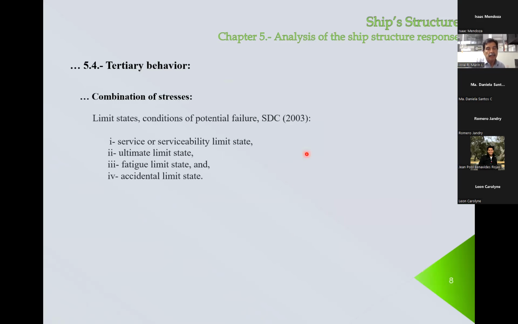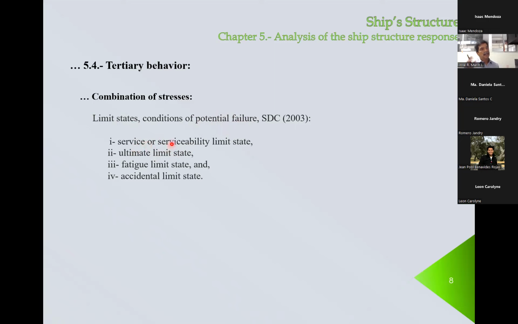Okay, now this is very general, just one slide about this. This is what we call limit states. A limit state is related to the conditions for potential failure. And this potential failure means something that prevents the ship from completing its duty. For example, what's the limit state considered in service?